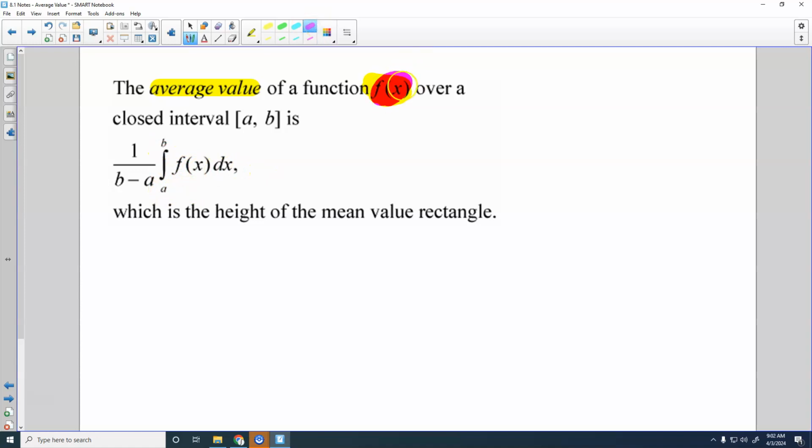Now, this is important right here. Notice you're finding the average value of f, so you're using f right here. This part right here is your length of the interval.